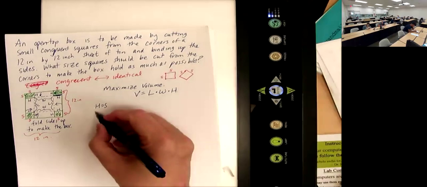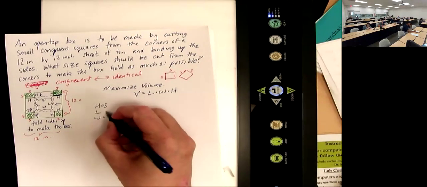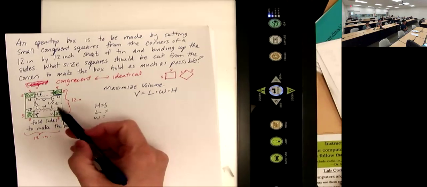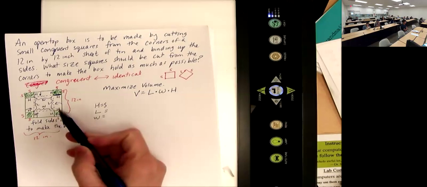Hopefully, we can write length and width in terms of S. Can we do that? If we can, then we've got something, the volume is all in terms of S. That's going to make this a whole lot easier. Length could be the whole thing minus 2S, right?